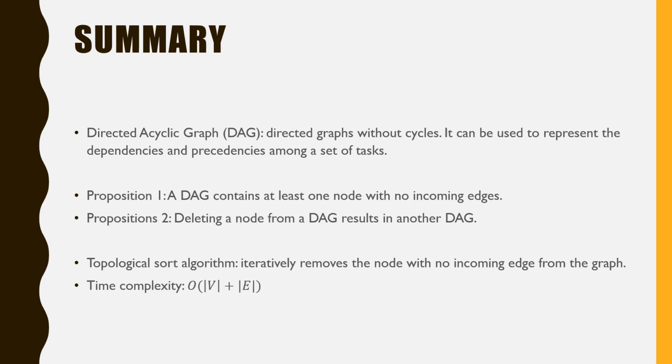Using these propositions, we developed an algorithm that iteratively outputs a node with no incoming edges and removes it from the graph. Since each output node has no remaining dependencies, the algorithm guarantees correctness. With proper optimization, the algorithm achieves O(V plus E) runtime.